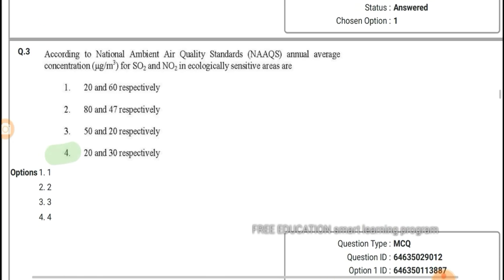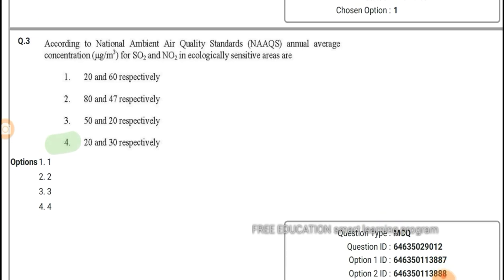Next, according to National Ambient Air Quality Standards, NAAQS, annual average concentration in microgram per meter cube for SO2 and NO2 in ecologically sensitive areas are, so for SO2 it is 20 microgram per meter cube, and for NO2 it is 30 microgram per meter cube.